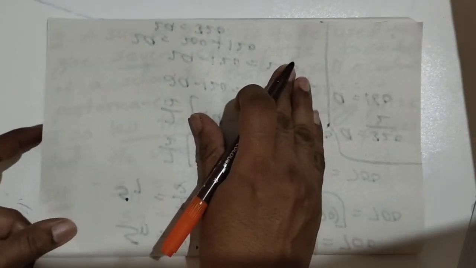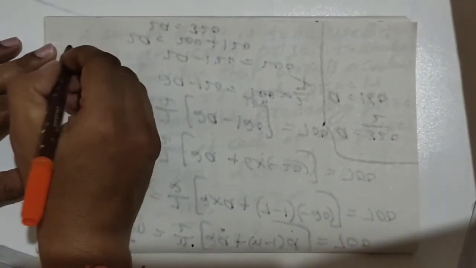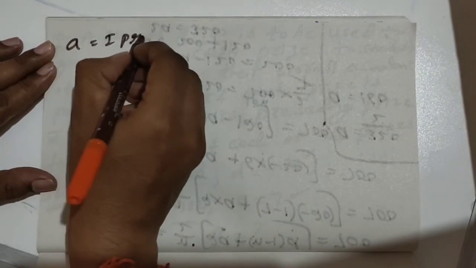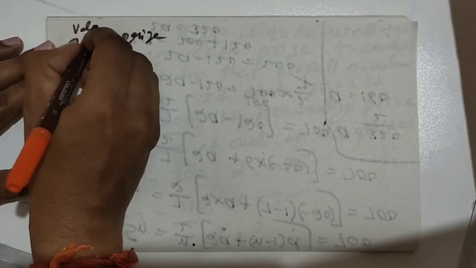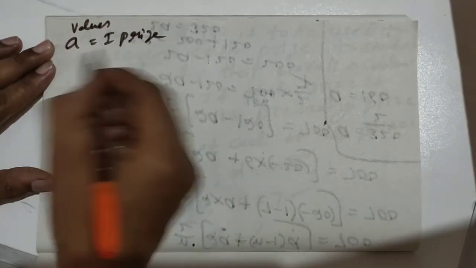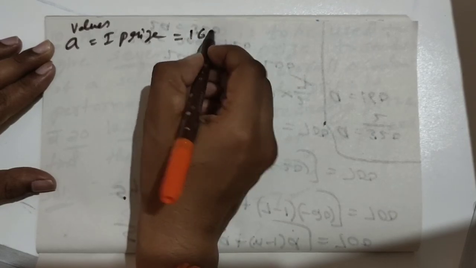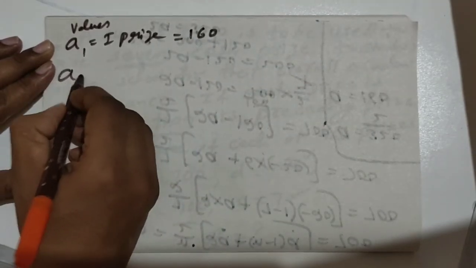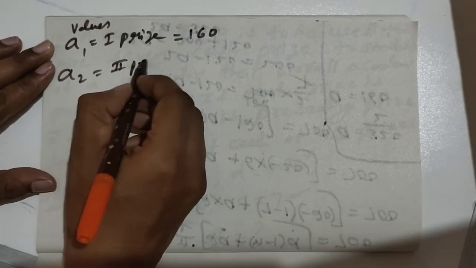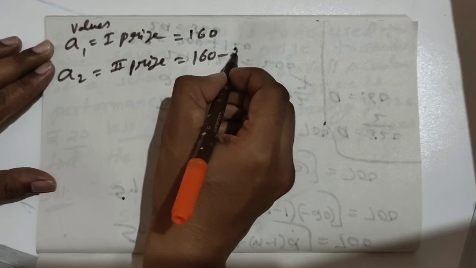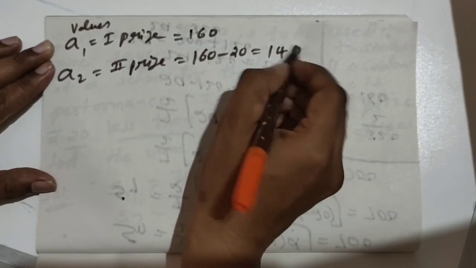So by getting this 160, we can easily write the other prizes. Why? Because it is given each prize is 20 rupees less than the previous one. So first I am writing a, the first prize, the values or cost of the prizes. Okay, so first prize value is simply what? 160. That is taken as a1. Then a2, the second prize value is simply 20 rupees less than the previous one, that is 160 minus 20, that is 140.